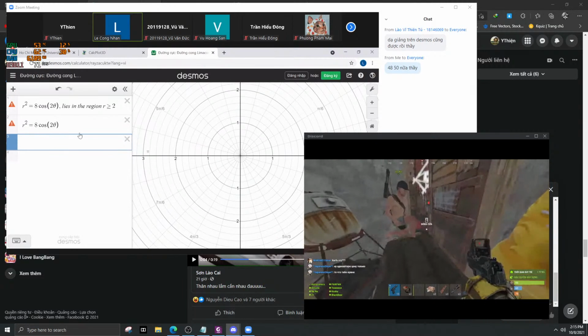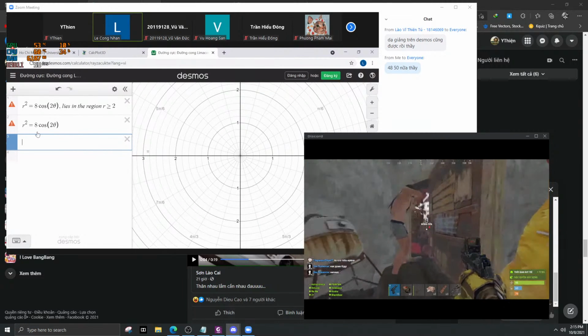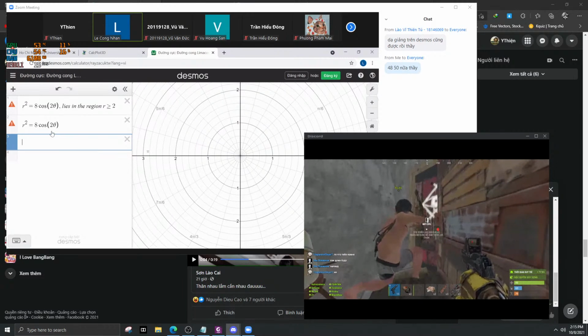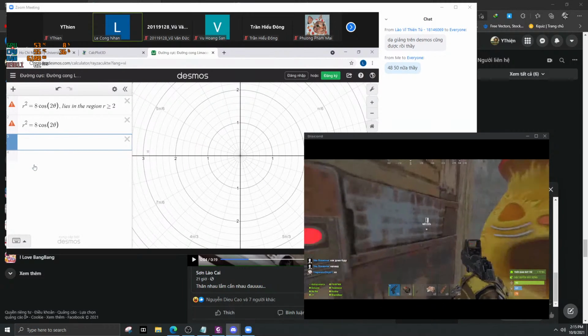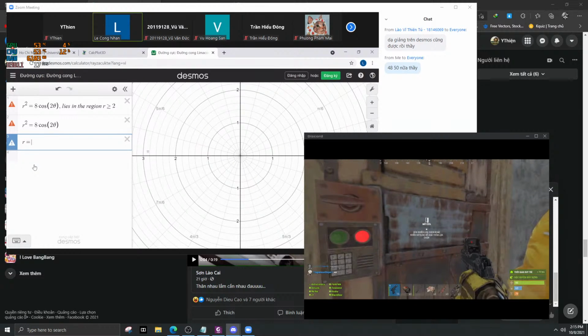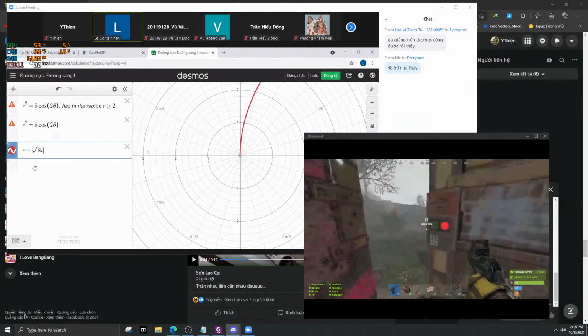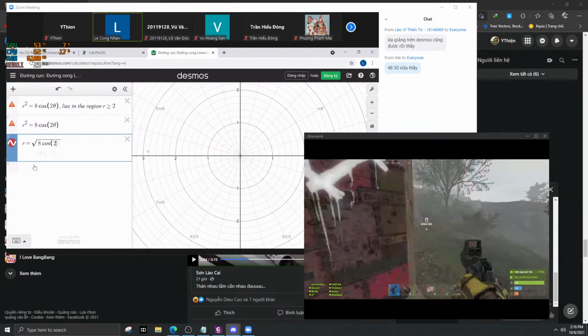So we need to express the radius in terms of the polar angle theta. From this equation, we can solve for r equal to the square root of a times the cosine of 2 theta.